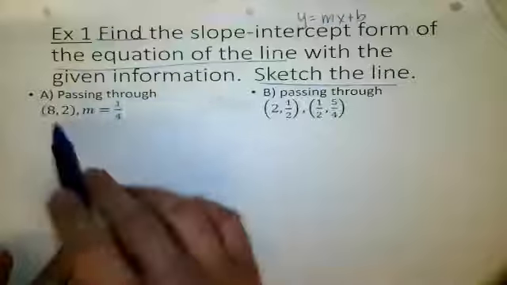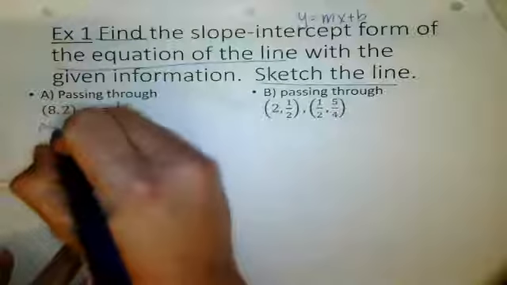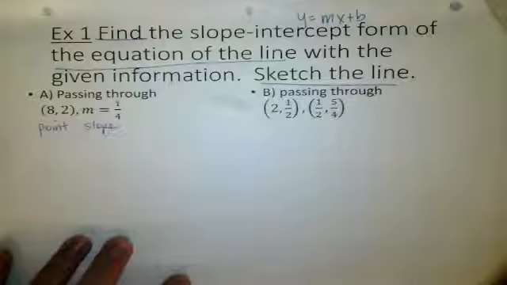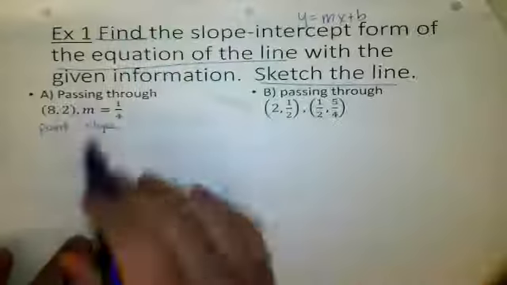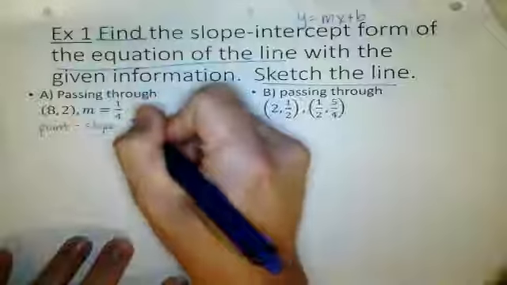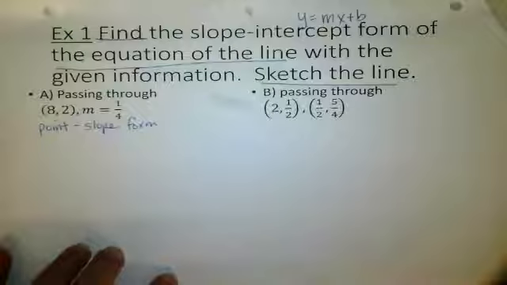We want to find the equation of this line with the given point and slope of 1/4. If they give you the point and the slope, what form should you use? Point slope form. Very good. That's why it has that name. Okay?